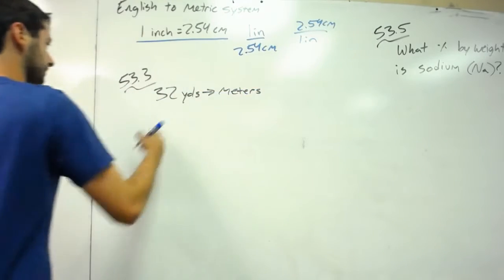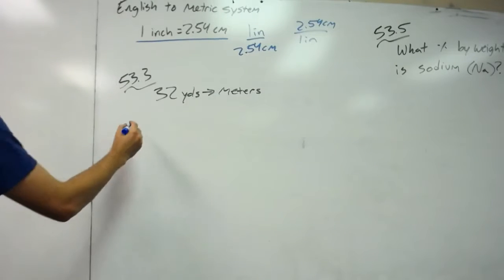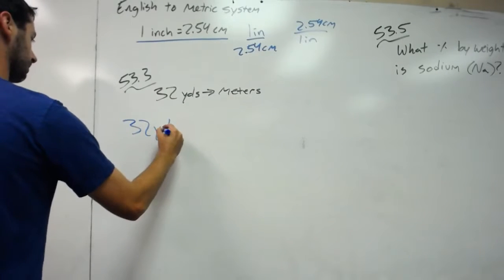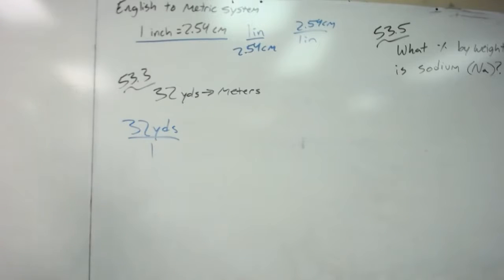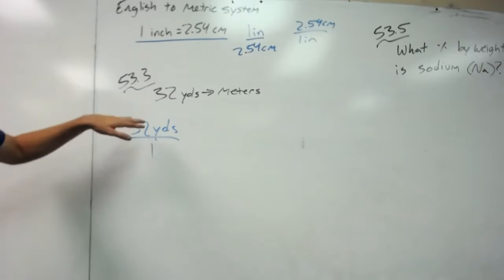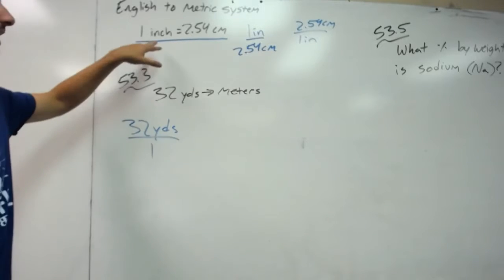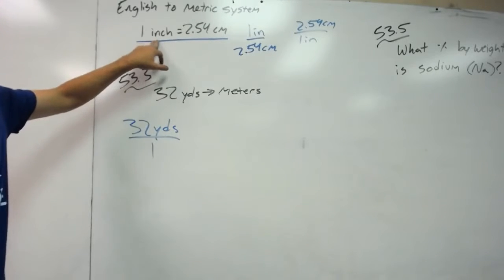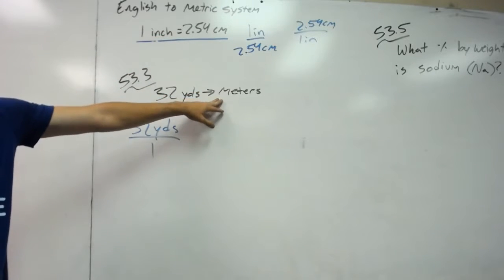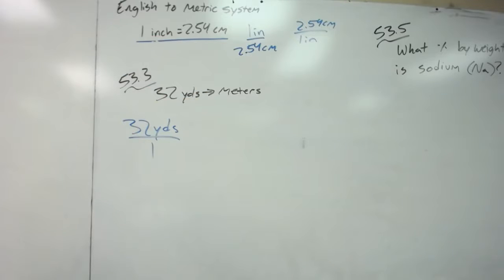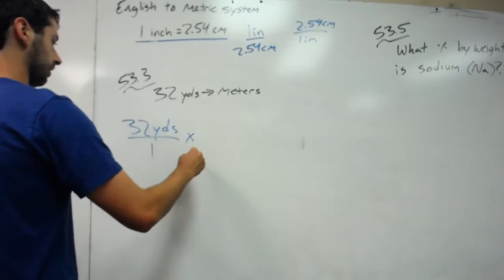Now let's look at a problem. 32 yards to meters. Okay, there's no measurement from yards to meters, but we can get to inches, because if we can get to inches, then we can get to centimeters, which gets us to the metric system. So how many inches in a yard? I don't know that off the top of my head, but I do know how many feet are in a yard.